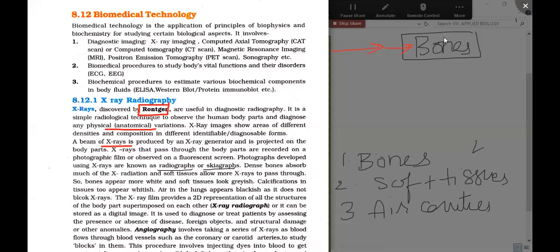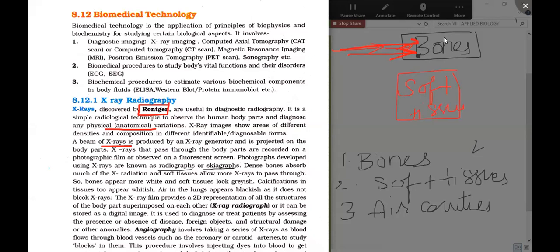So you see here the red color arrow mark which I am showing: X-rays are passing through the bone, but they don't come out. That is the first thing. Next, the second one: soft tissue.